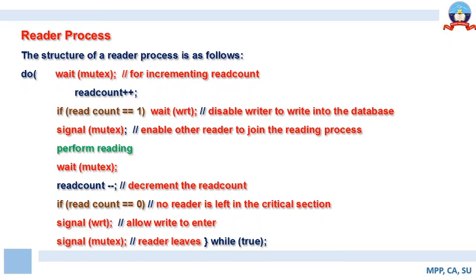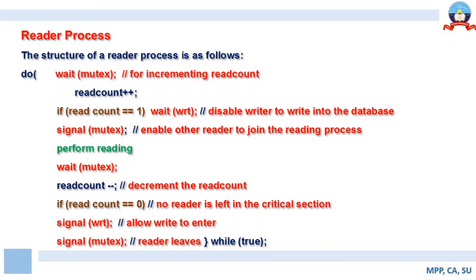So in order to facilitate exit of a reader from the reading queue, we need to execute a wait on mutex and decrement the value of read count. So here I am executing a wait on mutex so that read count can be decremented, in order to facilitate exit of the reader process from the reading operation.